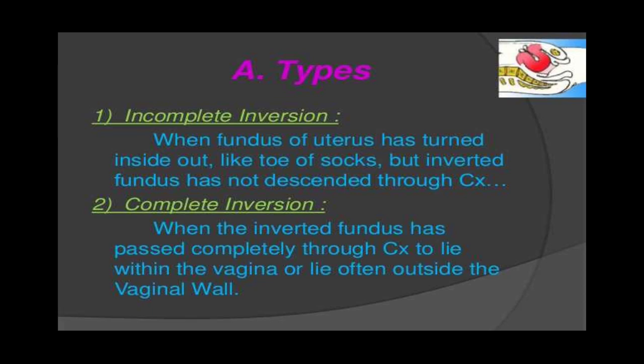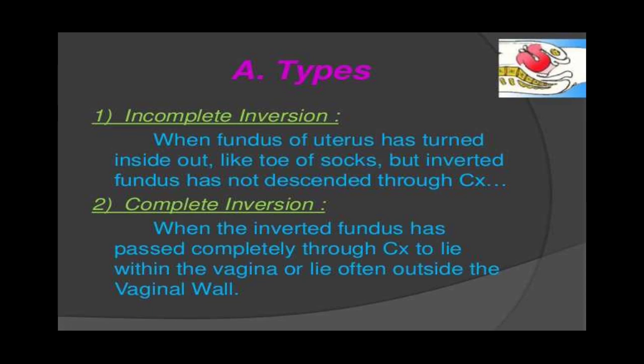Just as when you remove a sock it turns inside out, the uterus starts turning inside out but has not descended through the cervix. That is called incomplete inversion.